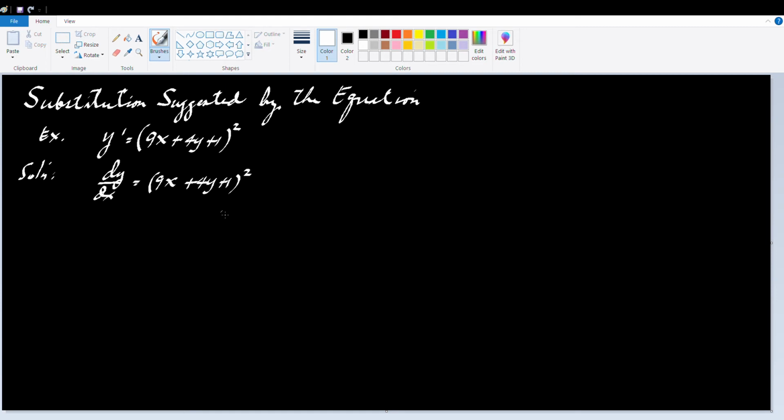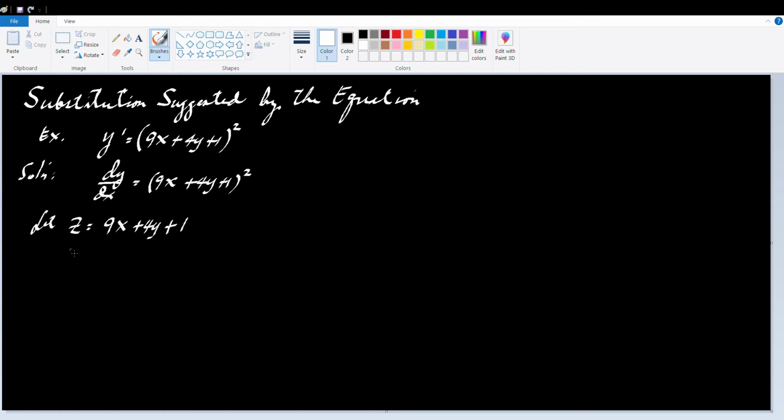In this equation, we can simplify this by letting z be equal to 9x + 4y + 1. So we are introducing the variable z in the equation. And naturally, there will also be a change in the differential.